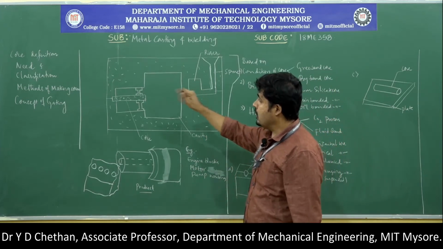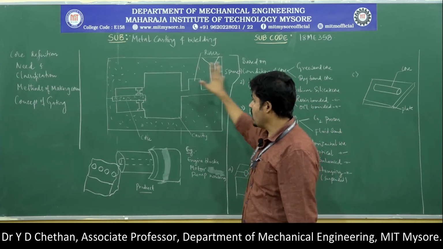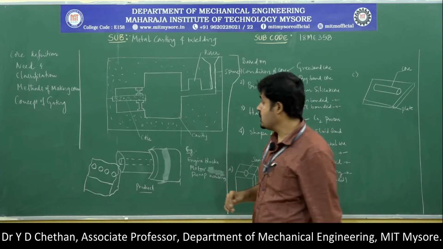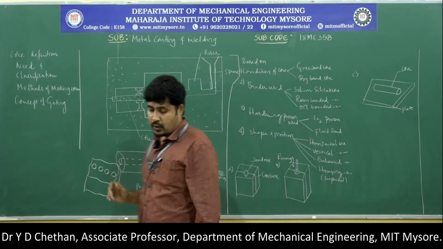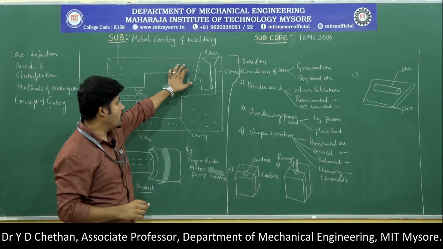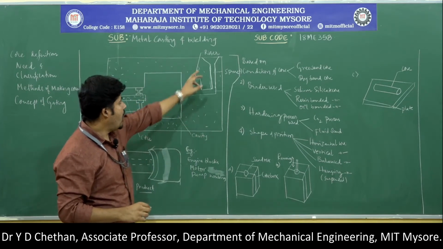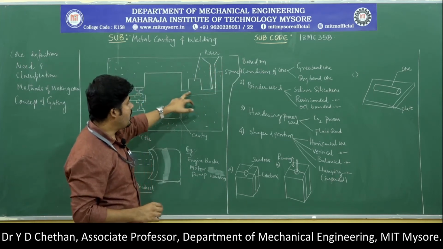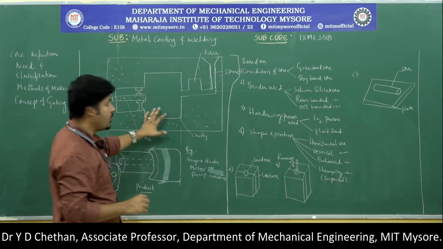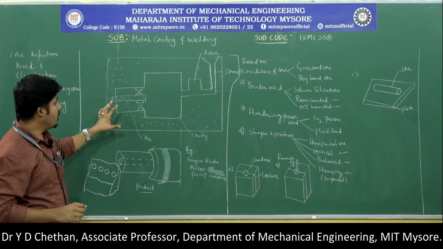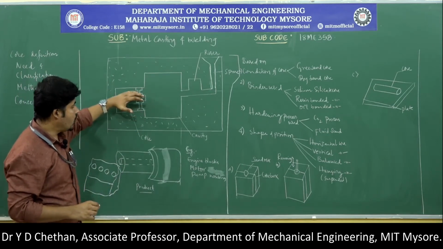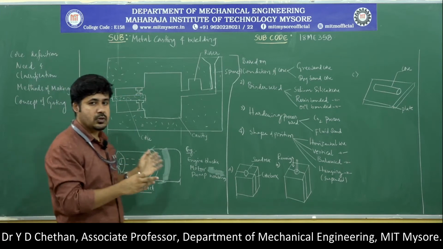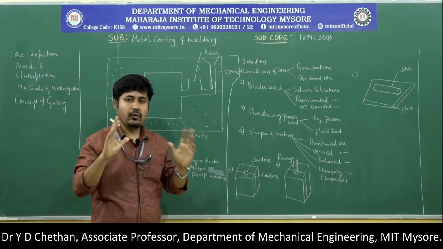So let us see what the need actually is and how the core is used in the molding process. You are all familiar with the molding technique. This is the cope and this is the drag, this is the pouring cup and this is the sprue, and these are the runners and riser, and this is the mold cavity. If you had not considered the core, then this process would result in a solid block of cast.